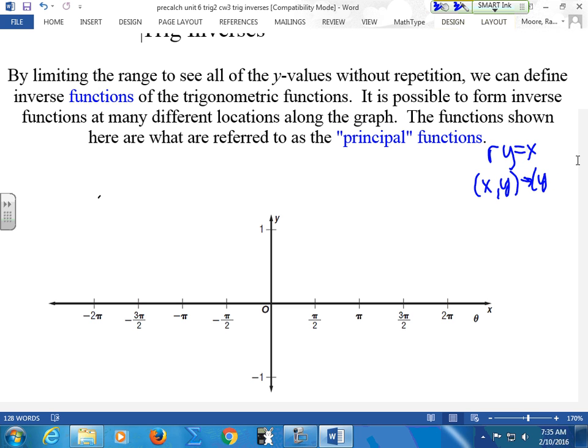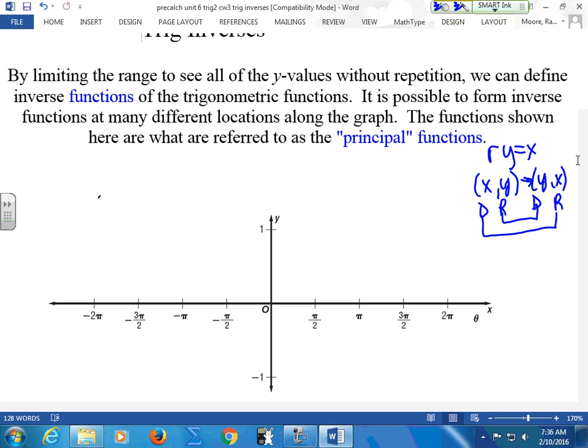These are interchangeable, as well as the domain of this one now becomes the range of this one. The range of this one now becomes the domain of this one. Because this is the domain of all the x's. So we swap out the domain and the range as well.